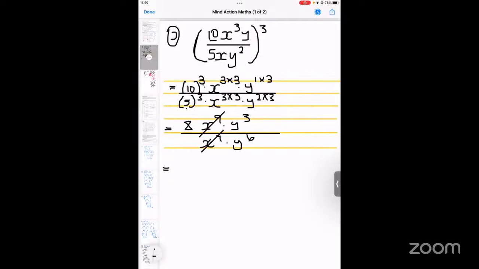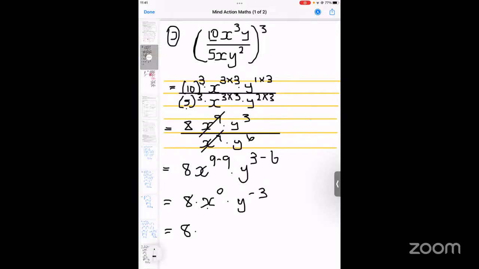Or if you don't want to do it that way, you can then just say, okay, you are having 8x to the exponent 9 minus 9, and then you have y to the exponent 3 minus 6, and then you have 8. This one will give you 0 there, and then this one will give you -3. And then that means this is 1. It's like you have 8 multiplied by 1.